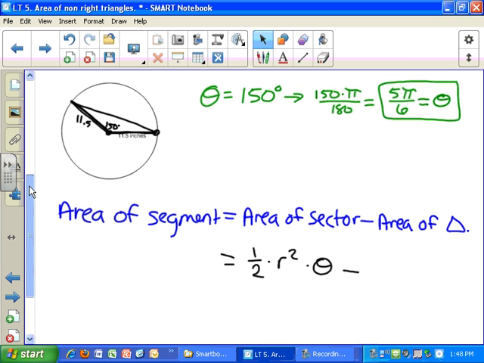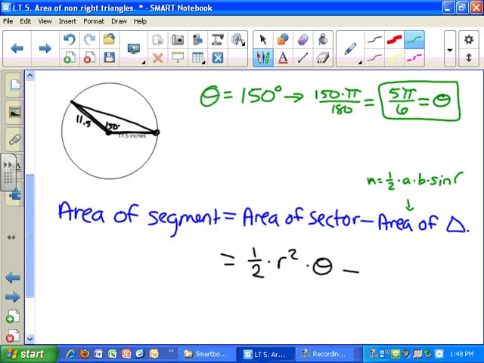If you look back to the page before, we're going to want to use that top formula where we know two sides and the included angle. That formula was 1/2 AB times the sine of the included angle. So that's what we'll plug in here: we're going to subtract 1/2 AB times the sine of our included angle.